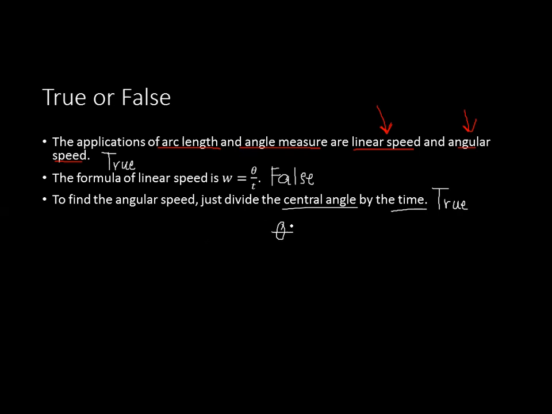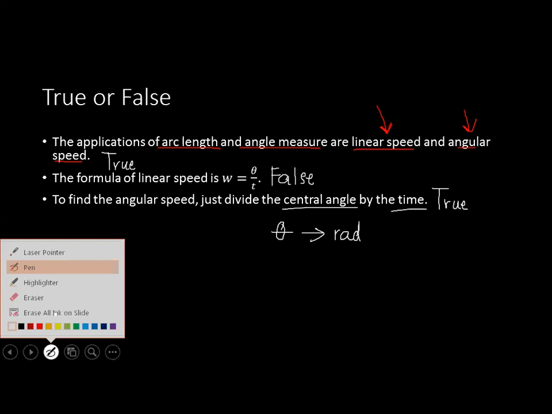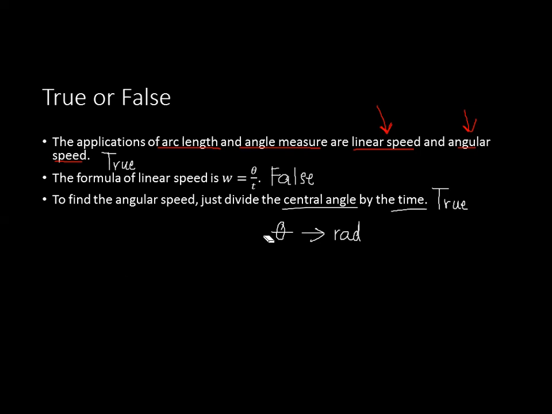Because if the angle here, for example, is in degrees, then you need to convert it into radians. To be specific, you need to convert an angle that is in degrees into radians so that you can divide it by the time. So, let's now proceed.